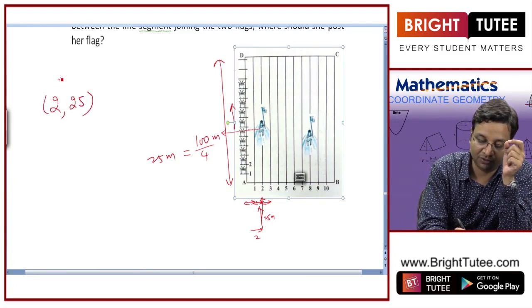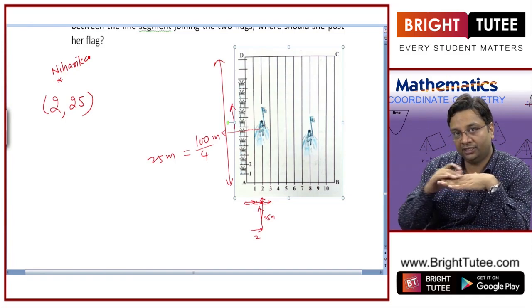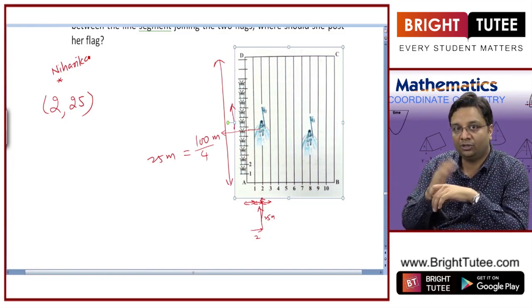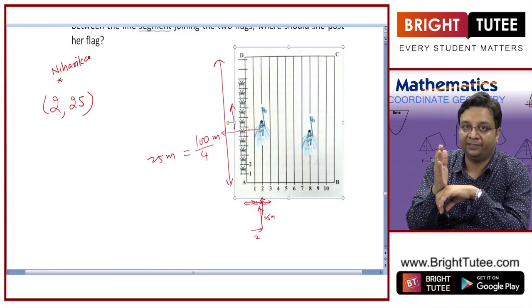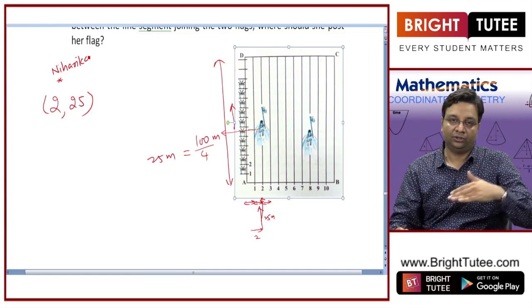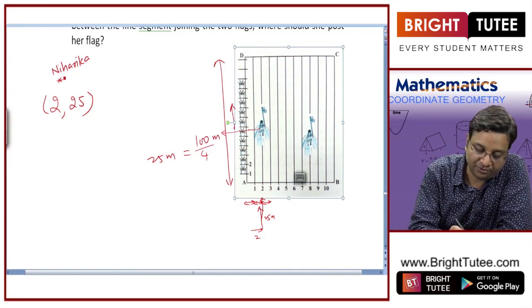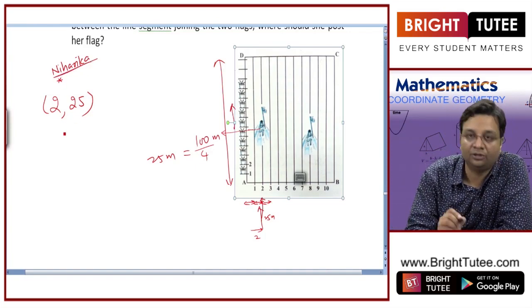This is the position of Niharika, right? She is in the second line, so horizontal distance is 2 meter, and she has gone up to 1/4 of the distance vertically, so 100 by 4, 25, right? So horizontal distance is 2, vertical is 25, so the coordinates of Niharika's position can be taken as (2, 25).